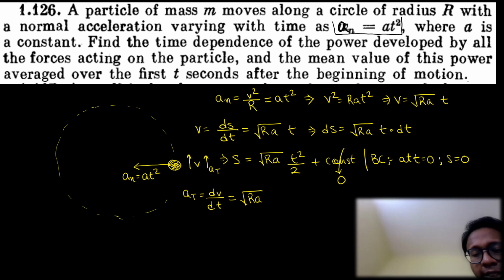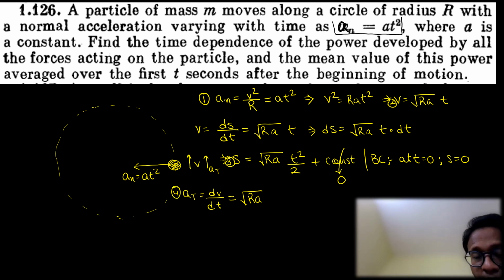So tangential acceleration is under root of r a. So notice three things. First, what was given in the question was normal acceleration. From normal acceleration, I found out the velocity. From velocity, I found out the distance covered as a function of time. And from velocity, I also found out the tangential acceleration.